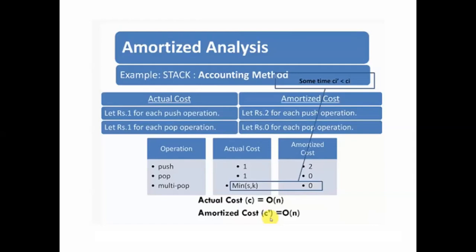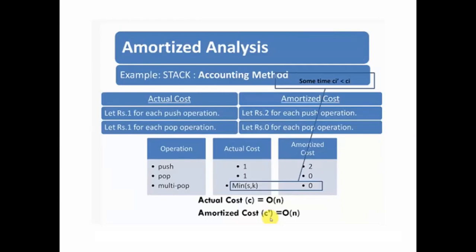One can think of maintaining a bank account where the charges for each operation are deposited into the account and the actual cost of doing each operation is subtracted from the account. So the charges must be such that the balance always remains positive.